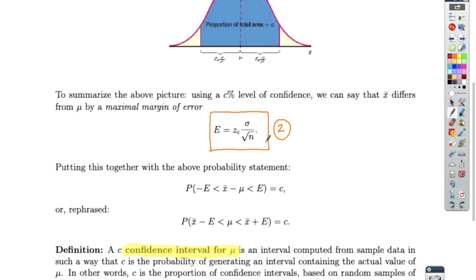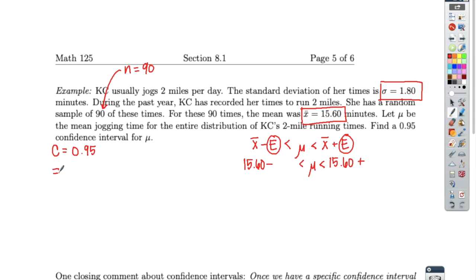The formula for E says E equals Z sub C times sigma over the square root of n. We know from the problem that we want our confidence to be 95%, so we're looking for Z sub 0.95.